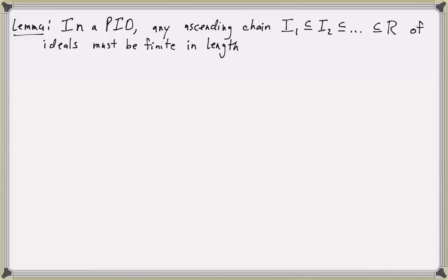So we can't have an infinite chain of ascending ideals.